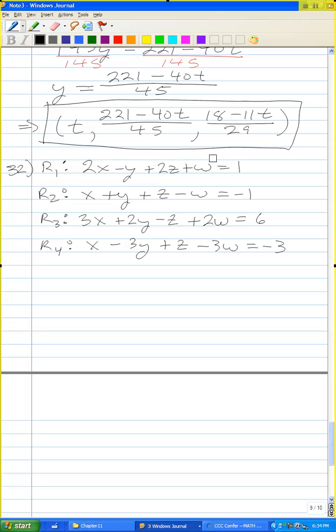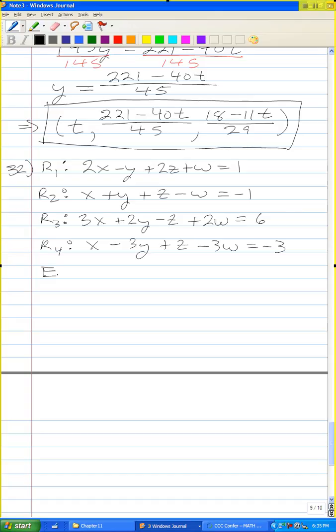Okay, so if I look at this, let me just check if all these are correct. 2, negative 1, 2, 1, 1, 1, 1, negative 1, 3, 2, negative 1, 2, 6, 1, negative 3, 1, negative 3, negative 3. Okay, good. Had to check that I actually wrote the problem down correctly. So here it looks like the z's are actually slightly easier to solve for than any of the others.